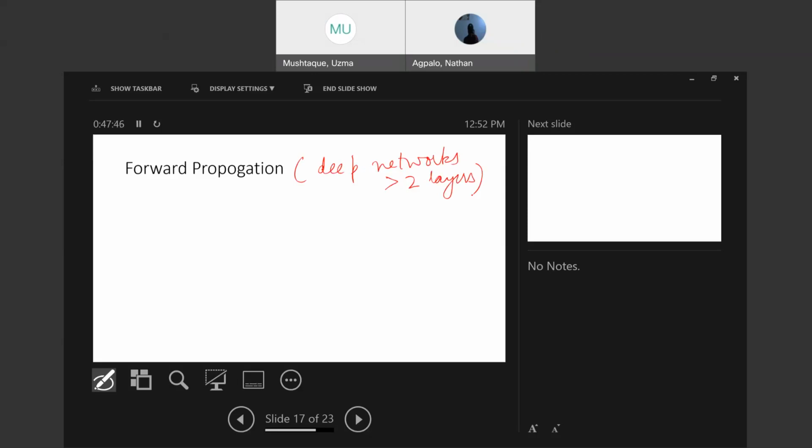Well, the way I like to write it down is that for any layer L, you have these things that you need to figure out: Z^L = W^L A^(L-1) + B^L. And you have this A^L, which is the sigmoid of Z^L.